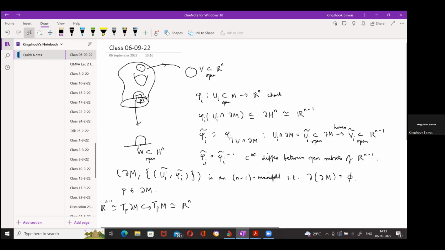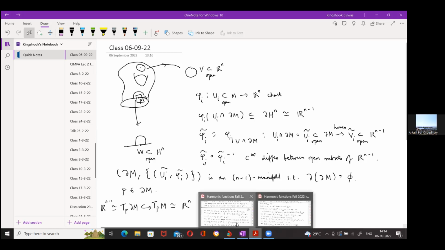If for any point on the boundary of the upper half space, there is a neighborhood of it in Rn to which our function extends to a smooth function in the neighborhood in Rn, right? Okay. Yes.